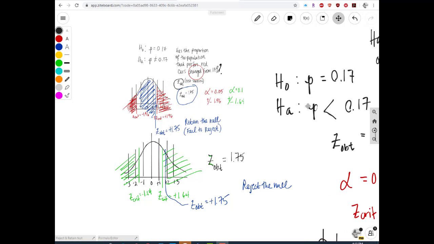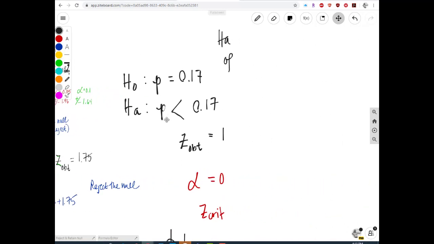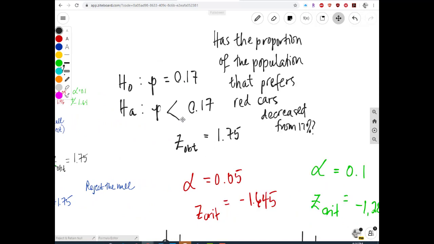Now we're working with the same scenario, but this time we are working with, has the proportion of the population that prefers red cars decreased? Okay, this time we're working with decreased from 17%. So my alternative hypothesis is going to say, has the proportion decreased from 17%?